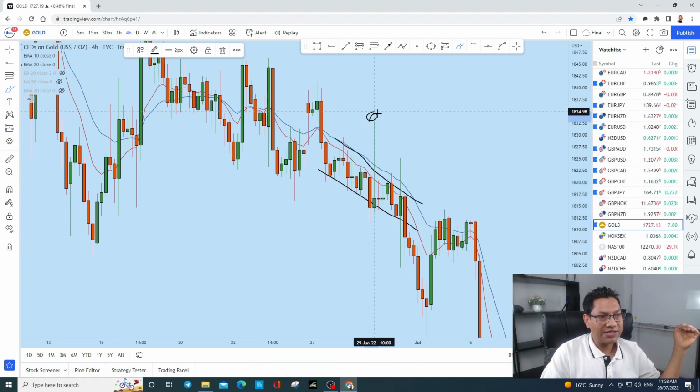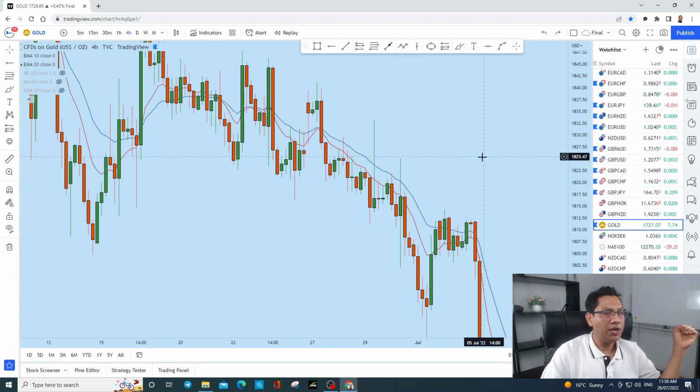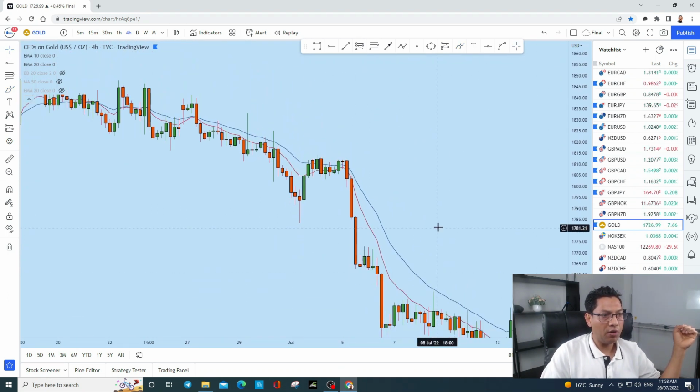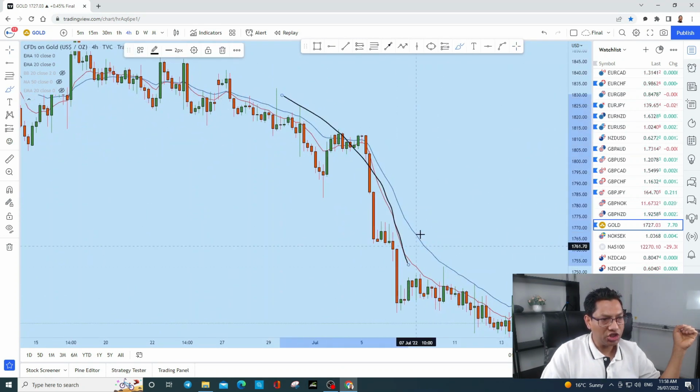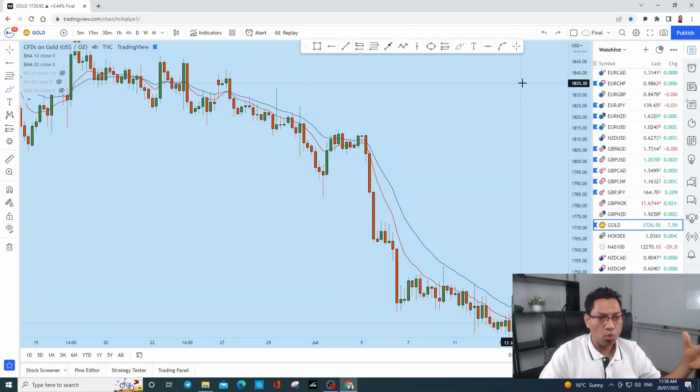So that's a sign of a bigger move to the downside. When you see this kind of price action, there's a high probability that the price will break down, and that is what happens. So these are things you need to pay attention to when you are trading: what happened in the past, and what kind of price action it has created.